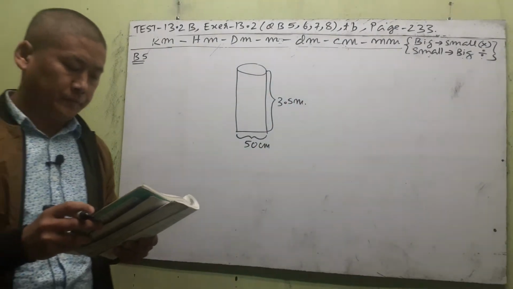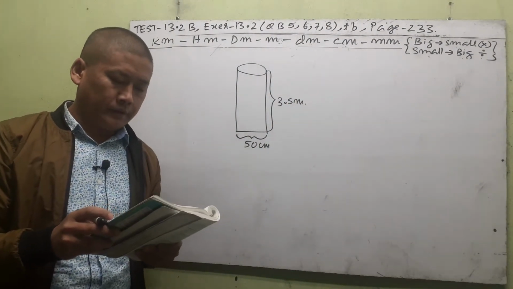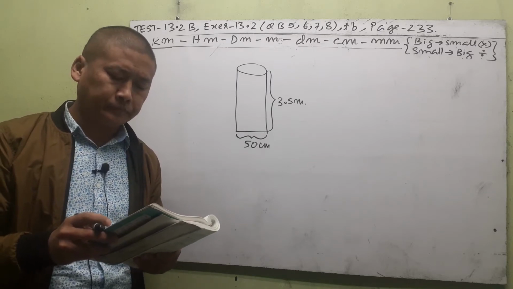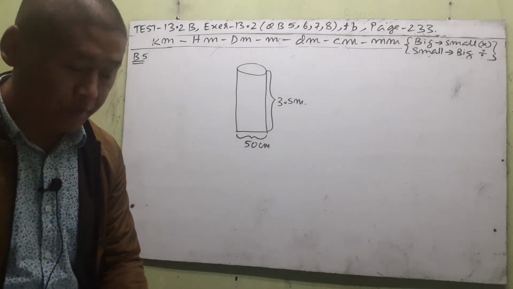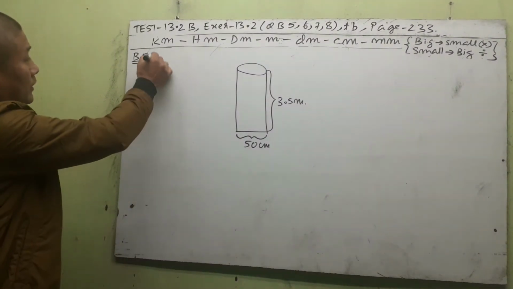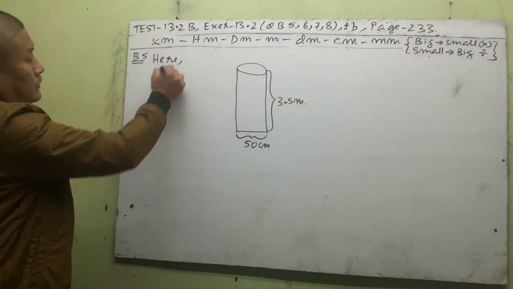So find the cost of painting the curved surface of the pillar at the rate of rupees 12.50 paisa per meter square. So the rate is given in meter square, so we have to be mindful to convert a unit into meter.